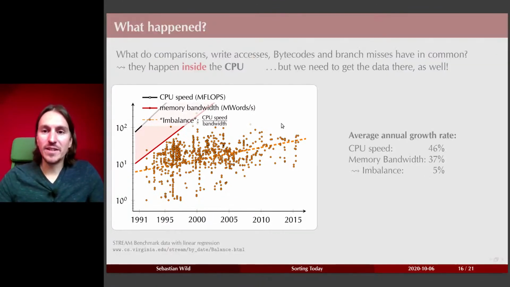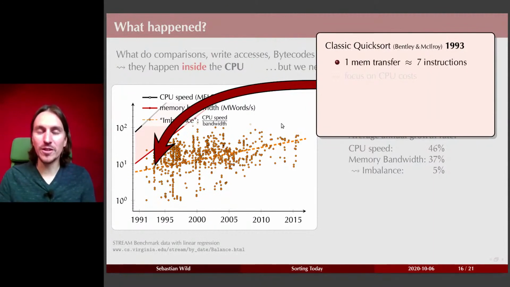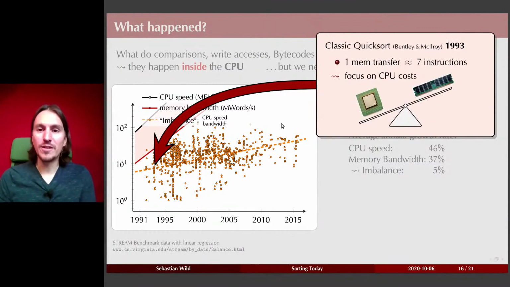What does that mean? It means at the time when this classic standard Quicksort was engineered and tuned for the C library, the focus was on CPU costs, and that was right as such, because one memory transfer just costs 7 instructions in the CPU, and these instructions are very, very fine-grained.